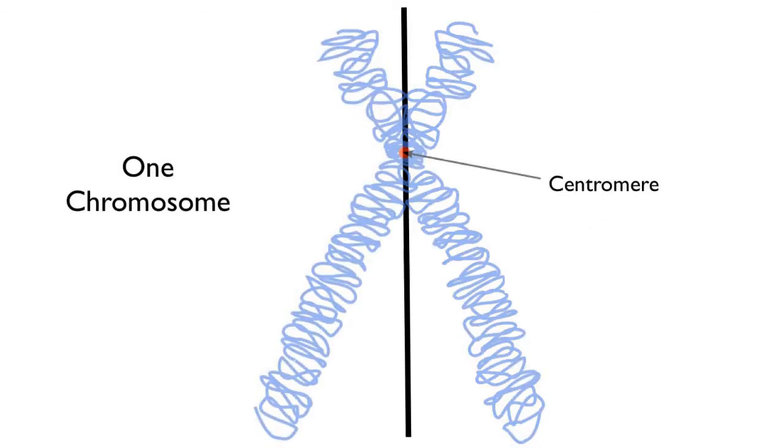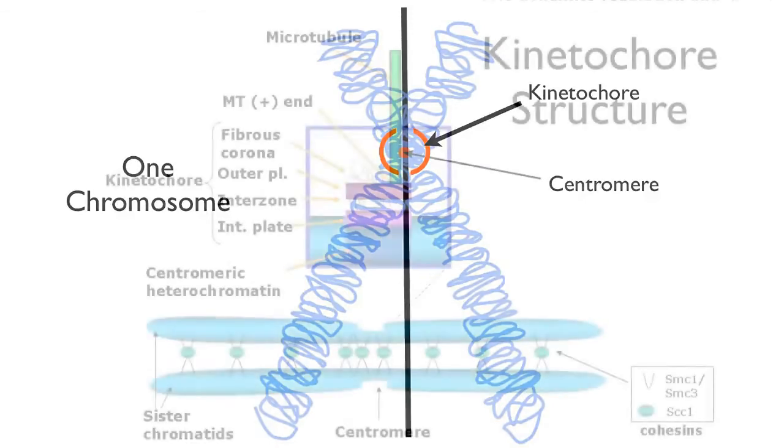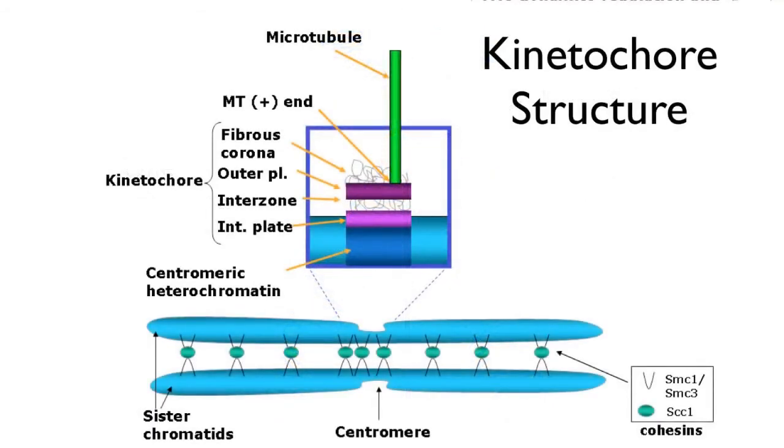Now, one more interesting thing about chromosomes is they have to have something that the microtubules can attach to during cell division, sort of like handles, and those handles are called kinetochores. Kinetochores are actually made of protein, and they're attached to each side of the sister chromatid. The shape of the kinetochore varies by species. They're actually rather complicated. As you can see, there are plates which attach to the centromere itself.